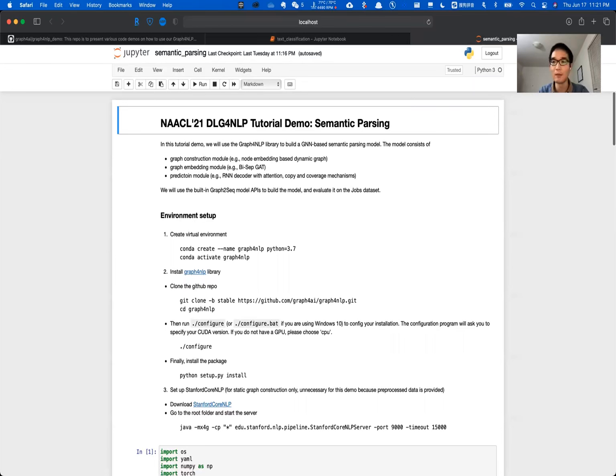For this demo, we will use the built-in graph-to-sequence model APIs to build the model and evaluate it on the Jobs dataset. The graph-to-sequence model APIs are higher-level APIs, which we can directly call to create a graph-to-sequence model instance.